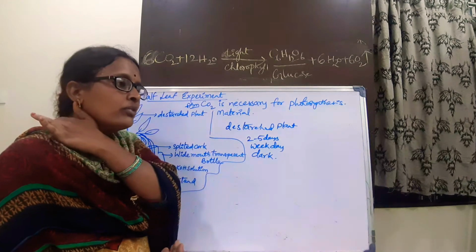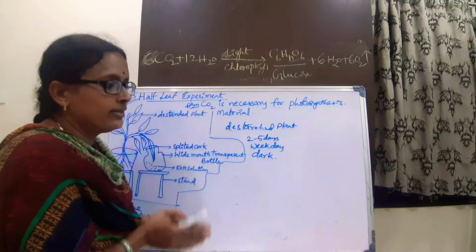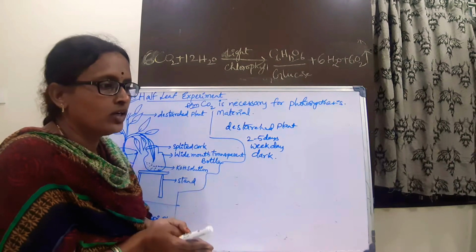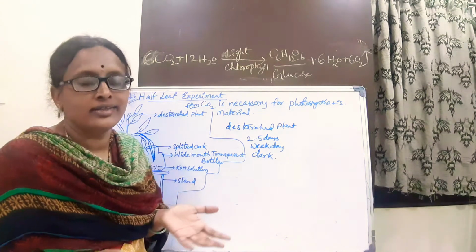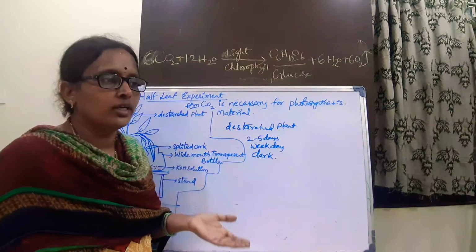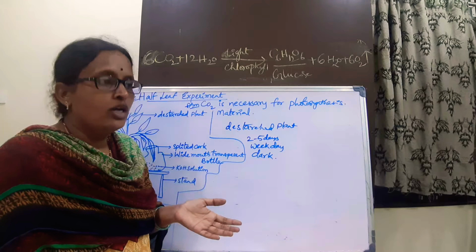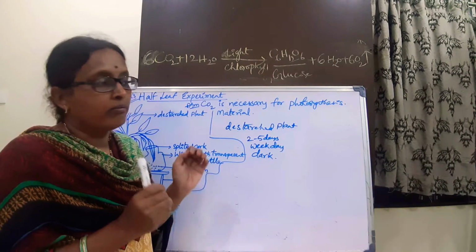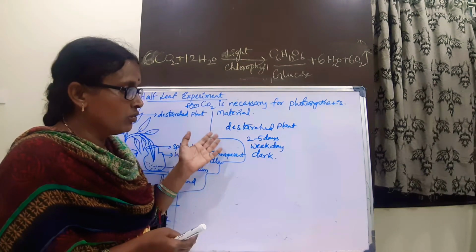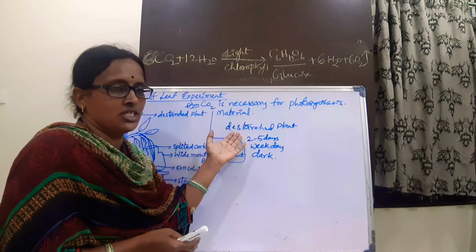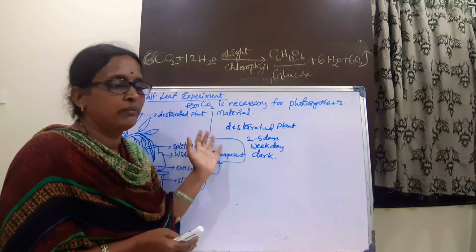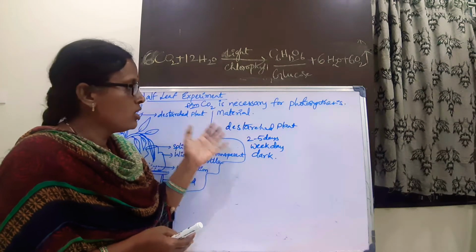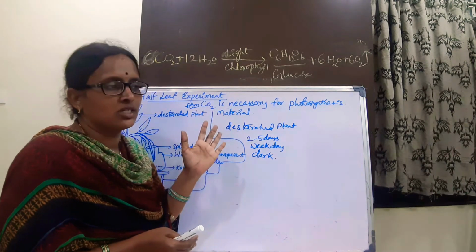If they can't perform photosynthesis, to maintain the body, whatever starch was previously prepared is totally consumed by the plant. So by keeping the plant in the dark, we are removing the starch previously prepared by photosynthesis. That is called destarching the plant.